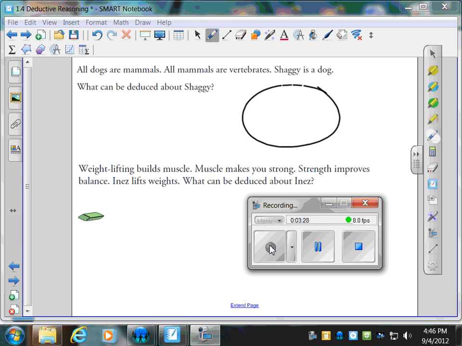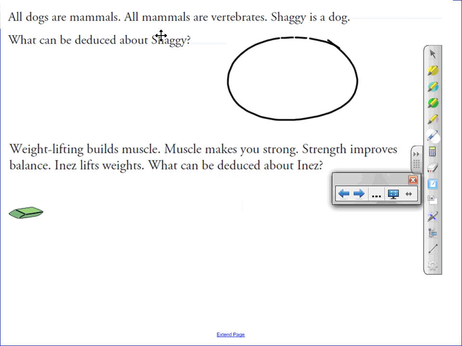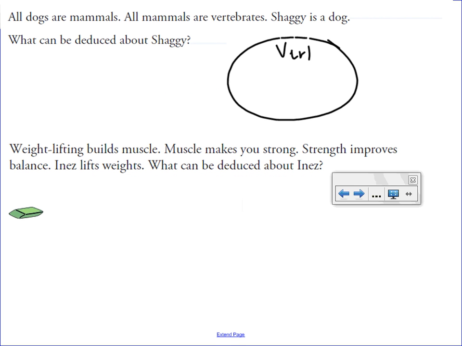Actually, I think I was right. Let's go with vertebrates in here, which includes all mammals. Sorry for my messiness here. Within that group of mammals are dogs.